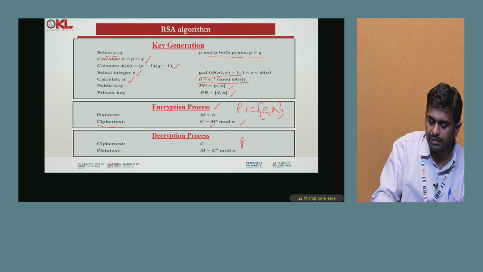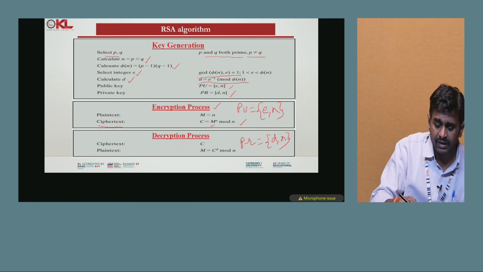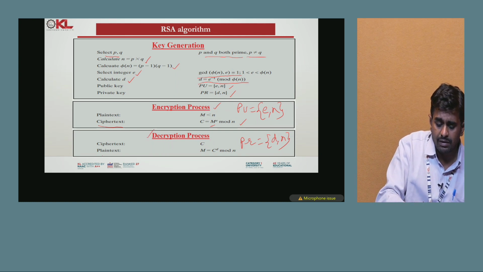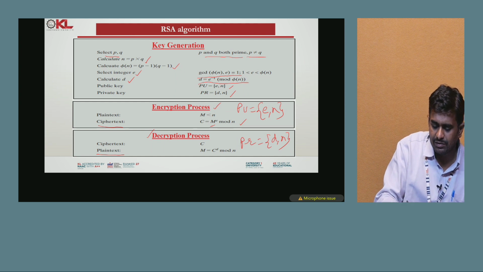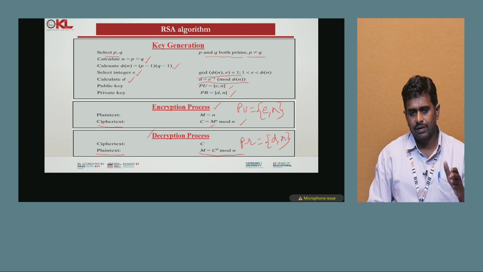In decryption we use the private key, whose values are D comma n. Now this is the ciphertext. On the decryption side we need to find the plain text. The formula is the original message M equals C power D mod n. Now let's go for one example.